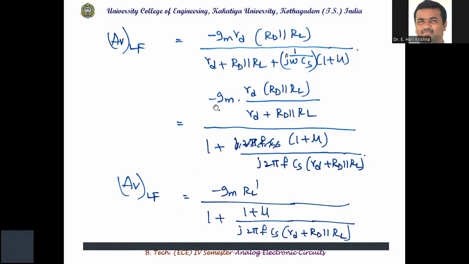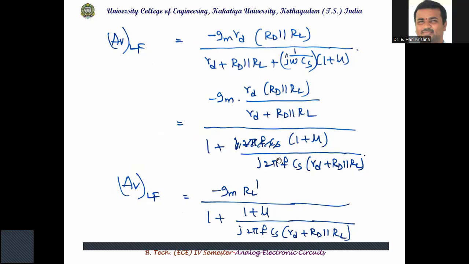Making this a more detailed analysis, minus gm RD parallel RL. In the denominator, we have rd plus RD parallel RL taken common and written in the numerator part. So the leftover component is 1 plus mu in the numerator, with denominator j omega, j 2 pi f CS.